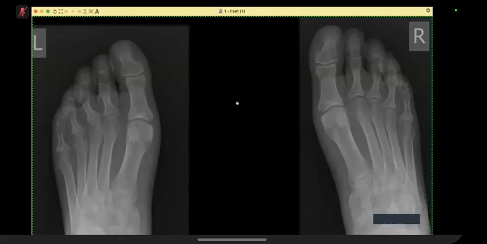The distal interphalangeal joints are spared and not affected.